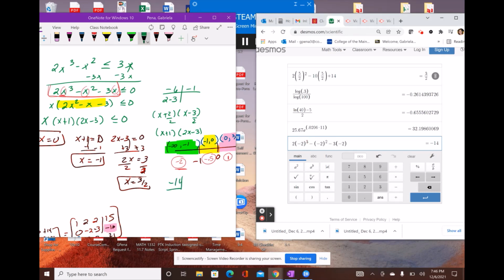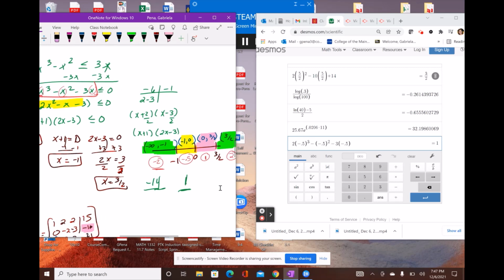Then I'm going to go back to the same thing and put in 0.5, and I get a positive 1. Question: are the answer choices just going to be single numbers? I'll show you what the answer choices are going to be like.